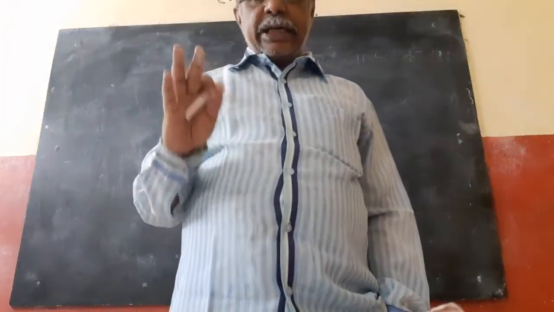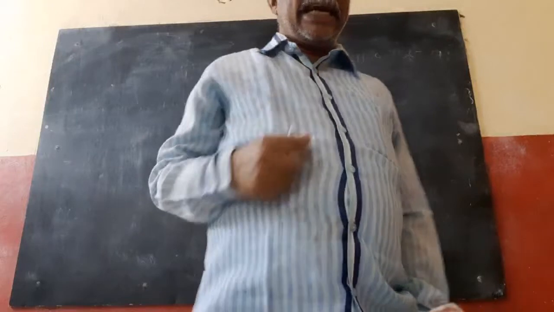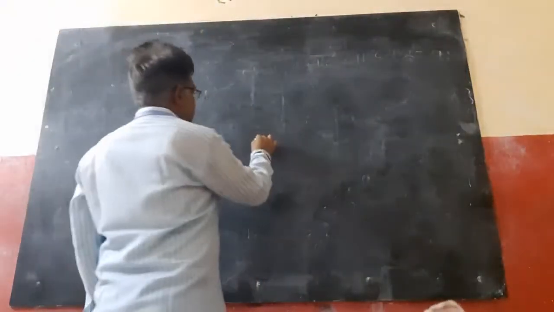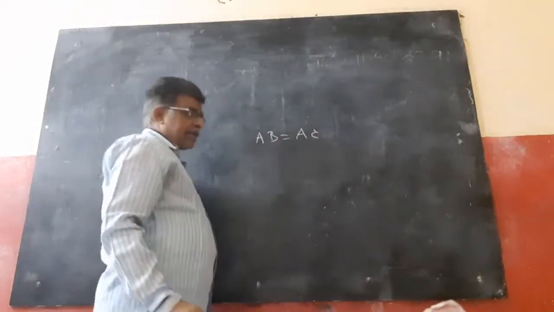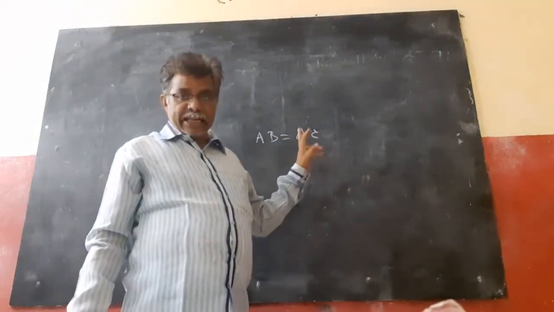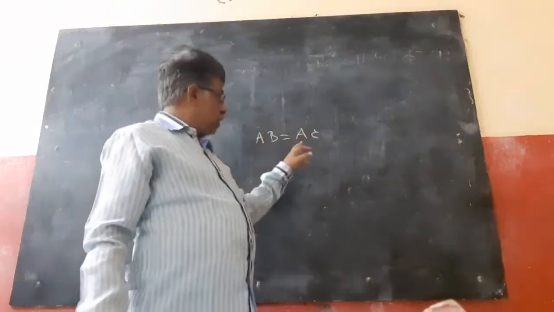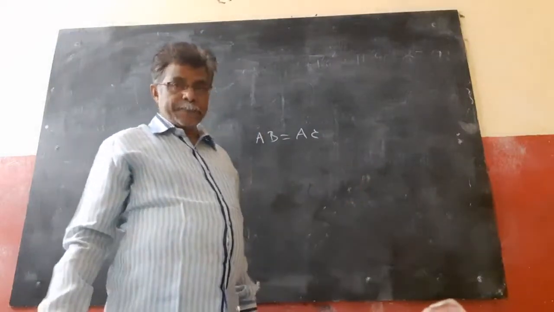And identity and inverse, we discussed. And one more thing, the equality property in multiplication. If AB equal to AC, B need not be equal to C unless A is invertible.